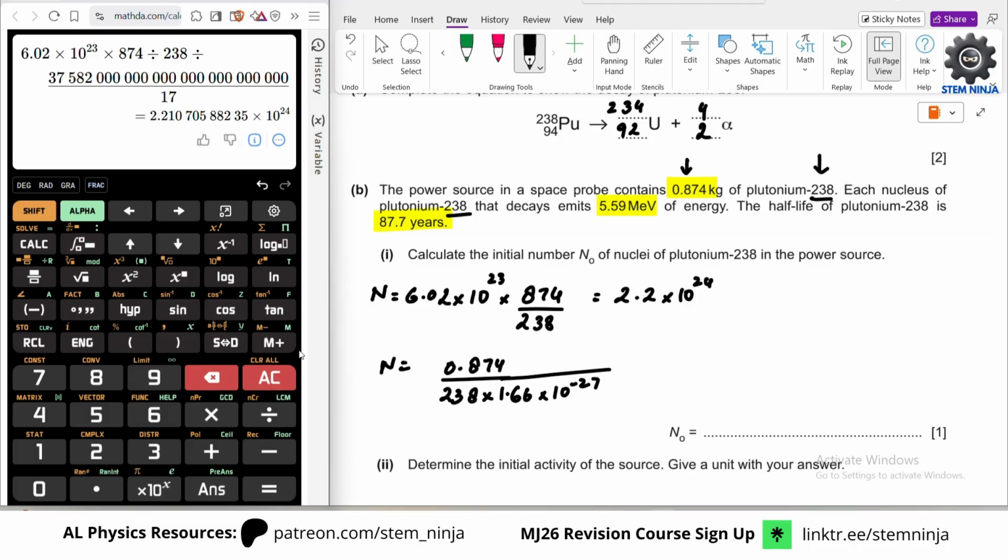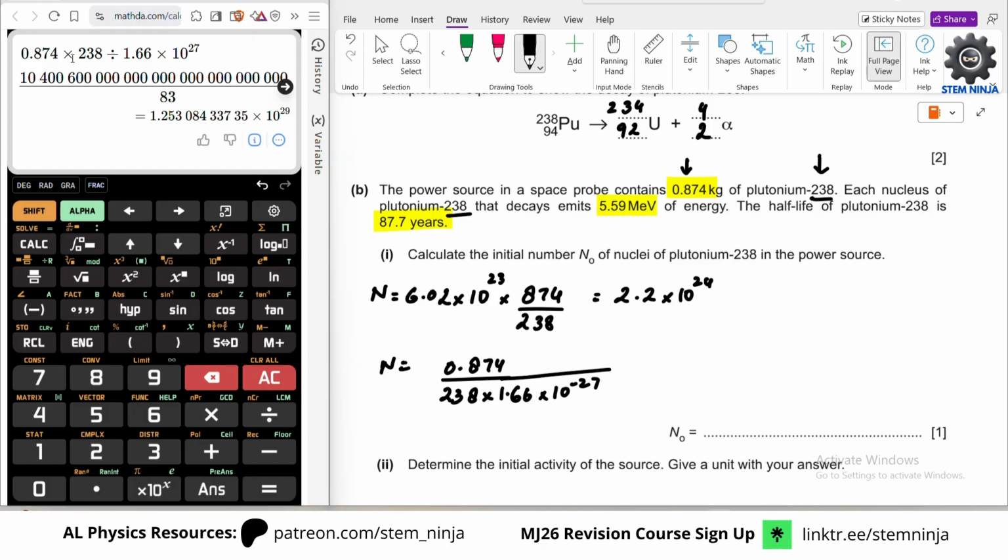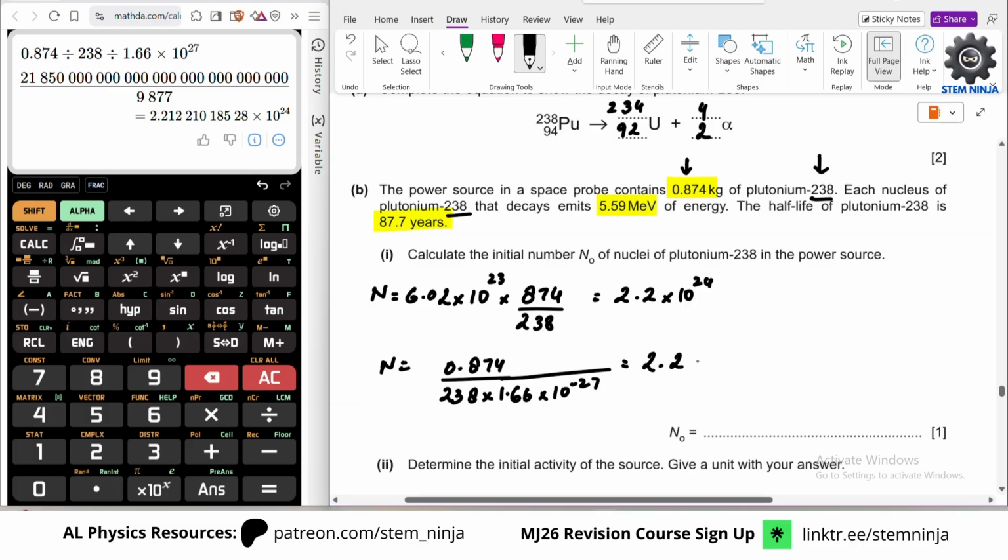Hopefully we should get the same answer. 874 divided by 238 divided by 1.66 times 10 raised to power 27. Oh, sorry, my bad, this is also divided by that. As you can see, we are getting the same answer, 2.2 times 10 raised to power 24.